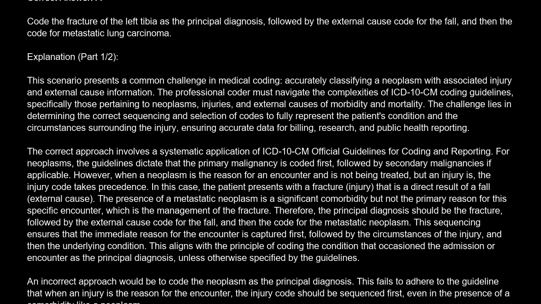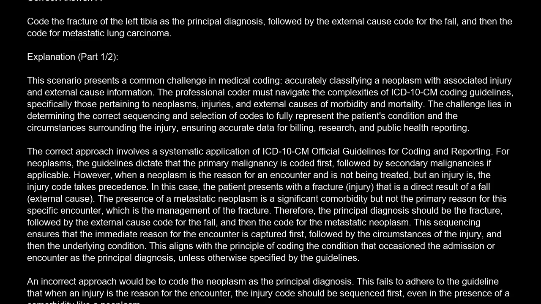The challenge lies in determining the correct sequencing and selection of codes to fully represent the patient's condition and the circumstances surrounding the injury, ensuring accurate data for billing, research, and public health reporting. The correct approach involves a systematic application of ICD-10-CM official guidelines for coding and reporting. For neoplasms, the guidelines dictate that the primary malignancy is coded first, followed by secondary malignancies if applicable.